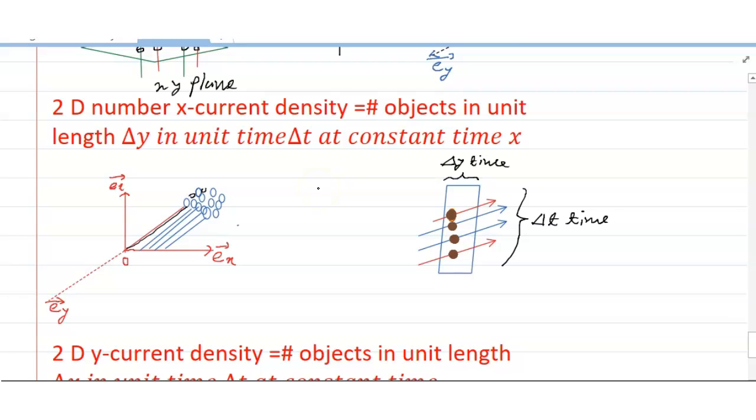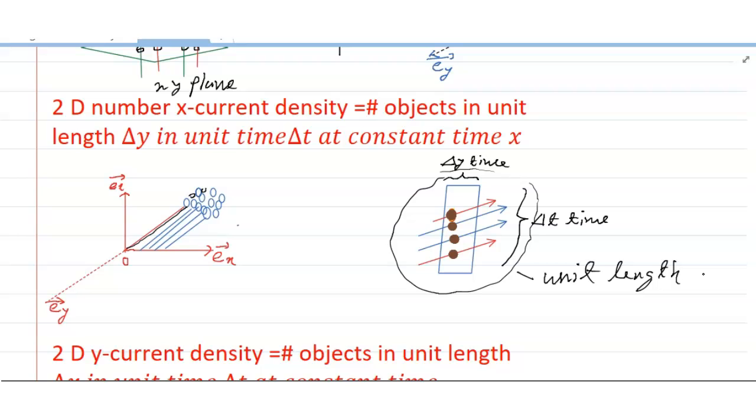So we take a unit area in the t-y plane at some constant x value and count how many world lines pass through it. The y direction of the square is our unit length, over which we count the current density, and the time direction of the plane is the unit time we use to measure the rate of flow.